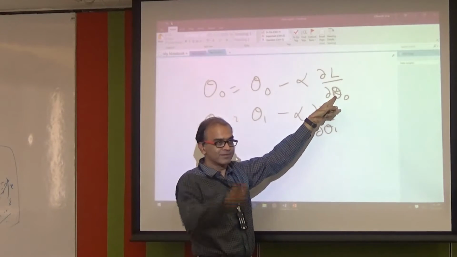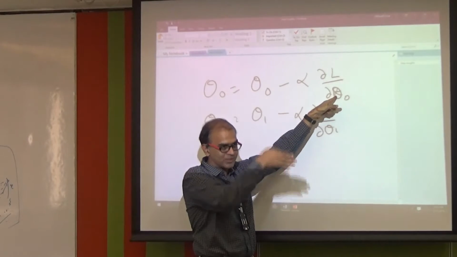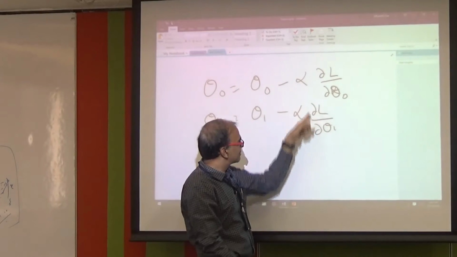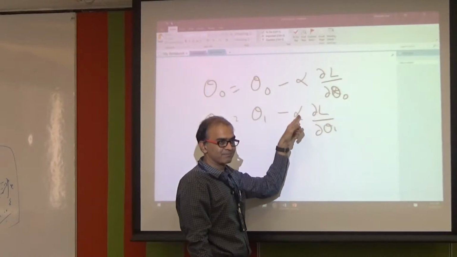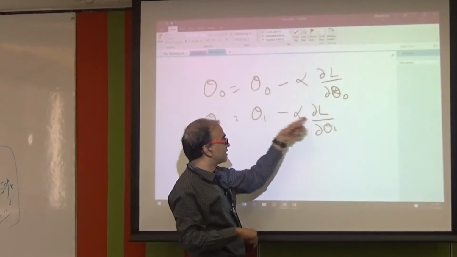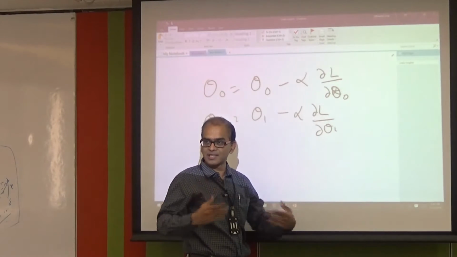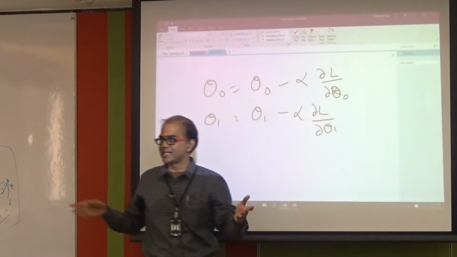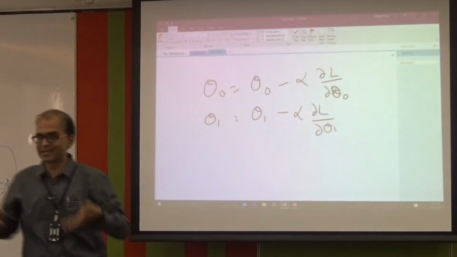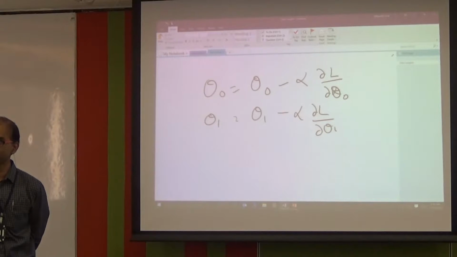Dou L by dou m is a nice thing you got, 1 over 2m into 2, a simple function. Dou L by dou c, another simple function. If you have multivariate regression, you have 10 such equations for 10 attributes. And you just randomly initialize theta naught and then keep updating your value till it converges.